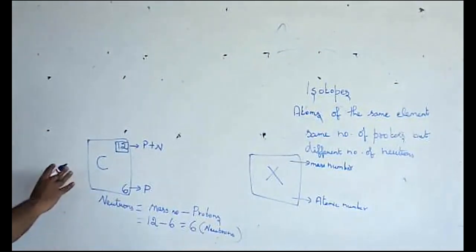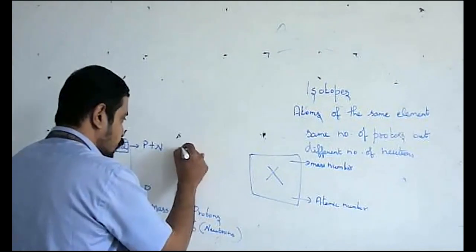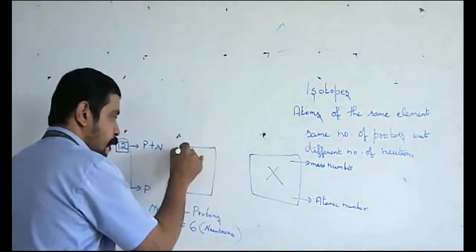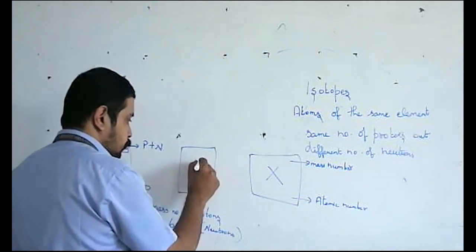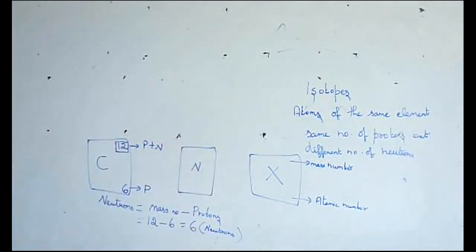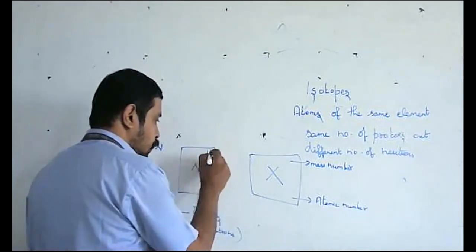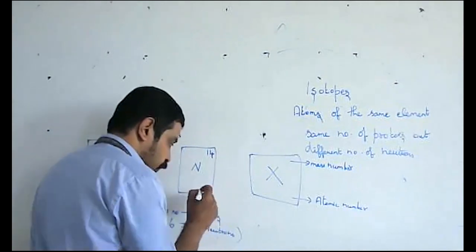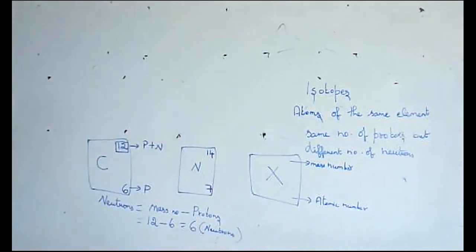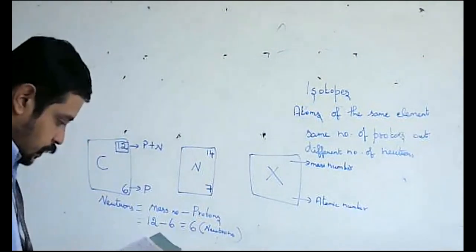Okay. Now this is one example. Let me take one more example. We will take another element, say nitrogen. We have the mass number 14 and atomic number 7.